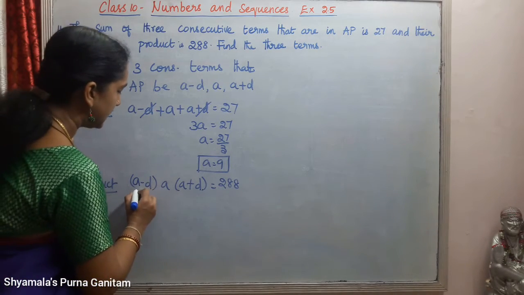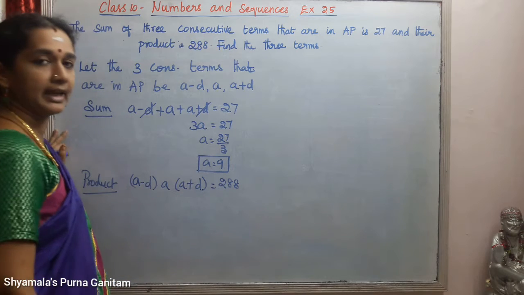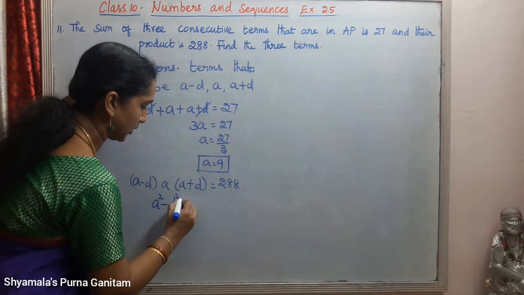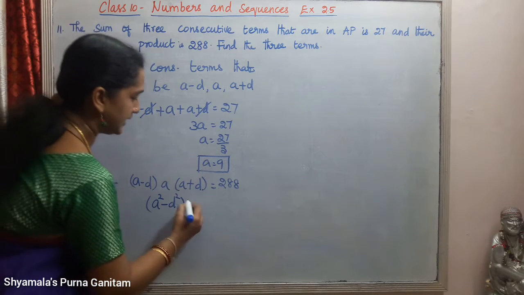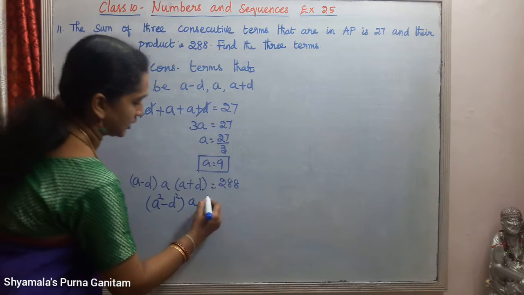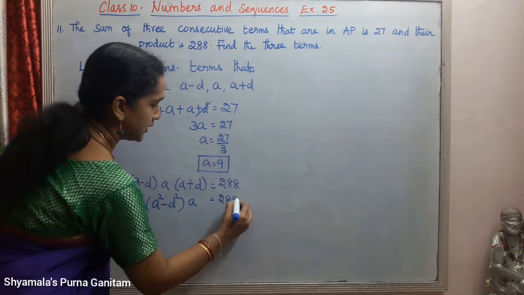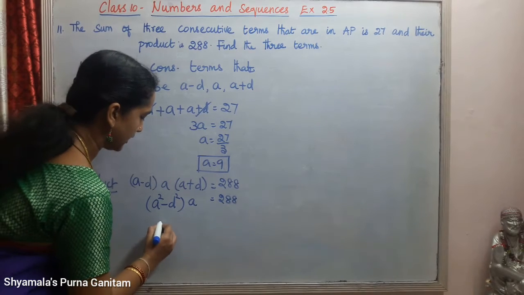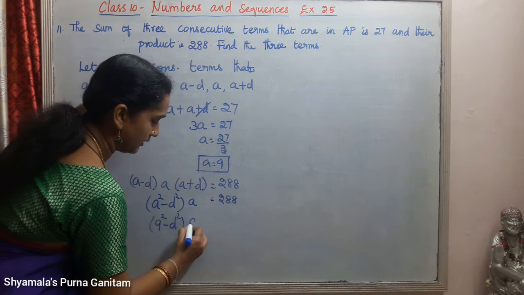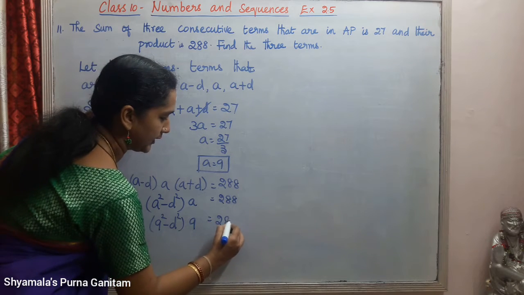Here we know that A minus D and A plus D, we can write it as A squared minus D squared. Then A we got as 9, so that also we will substitute. So A is 9. So it is 9 squared minus D squared into 9 is equal to 288.